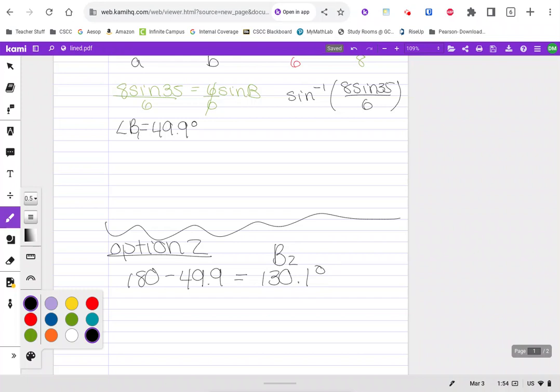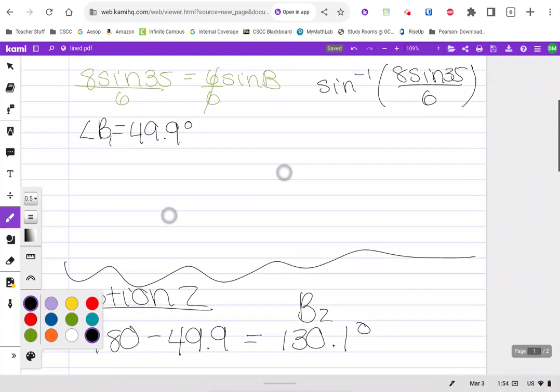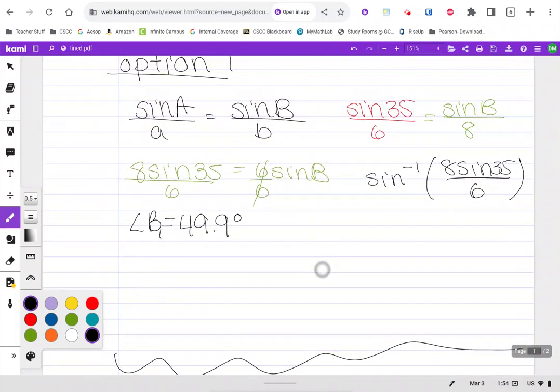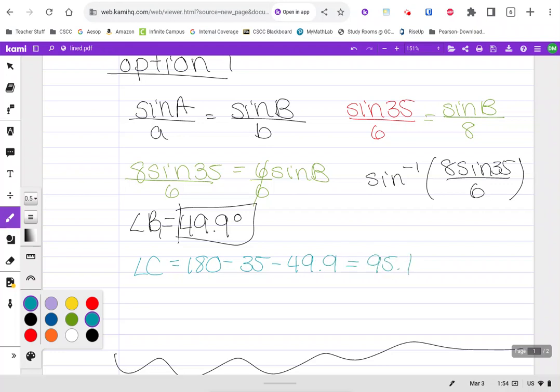Now, if I've got B1, I can continue solving the rest of my triangle. So here's B1. I need angle C because that's going to be the next easiest thing to solve for. Angle C is going to be 180 minus 35 minus 49.9, and that gives me 95.1.